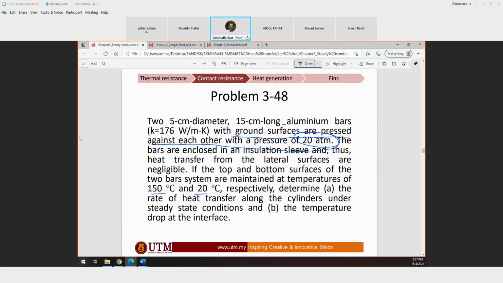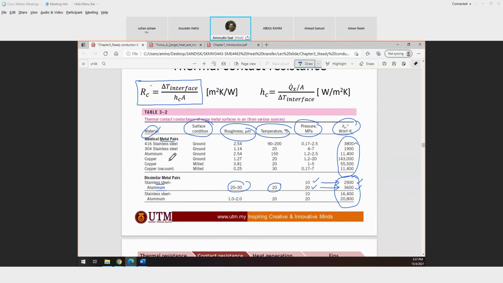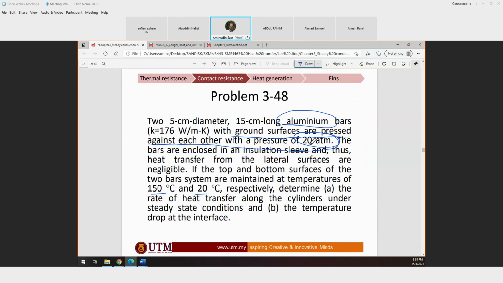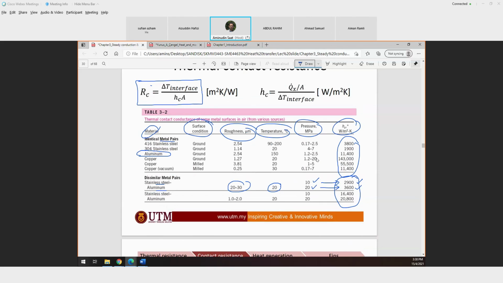Okay, so aluminum with aluminum, same material. So basically you can use this one. What is the pressure? 20 atm. Okay, 20 atm is close to 2 megapascal. The problem says it is 20 atm.